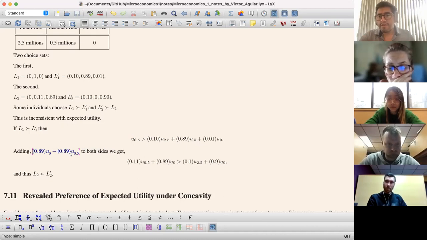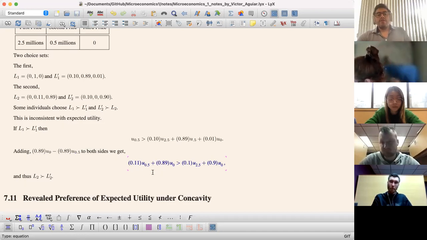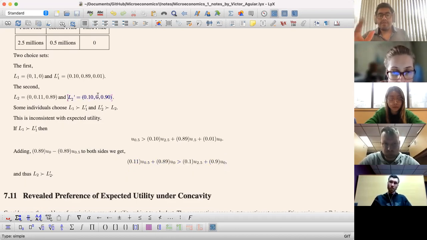Because I'm subtracting the 0.85 probability of the $500,000, I get 0.11 of the $500,000 plus 0.89 of nothing, and this is greater than 0.1 of the $2.5 million plus 90% of nothing. If you realize what these quantities are, they are exactly the expected utility of L2 and the expected utility of L2 prime on the right-hand side.